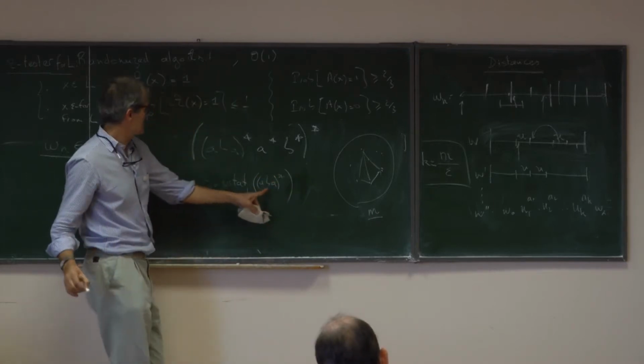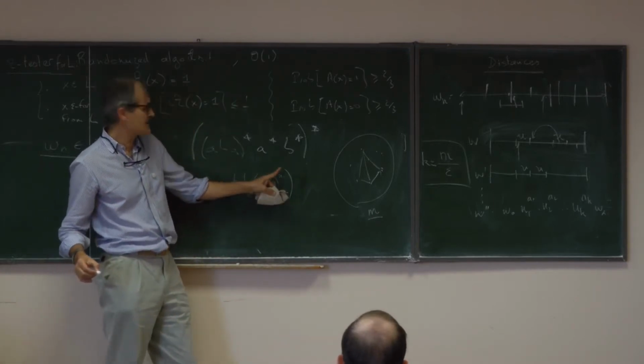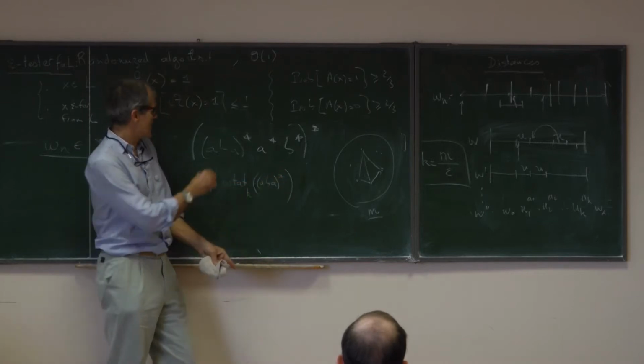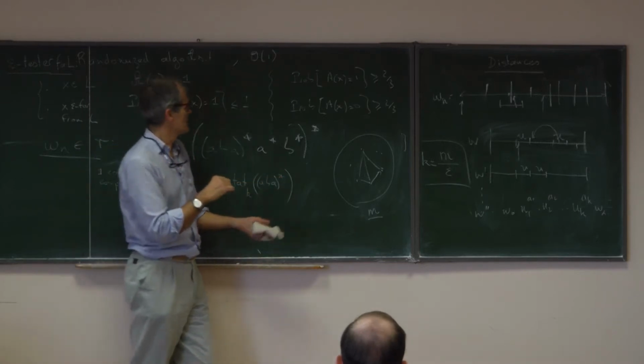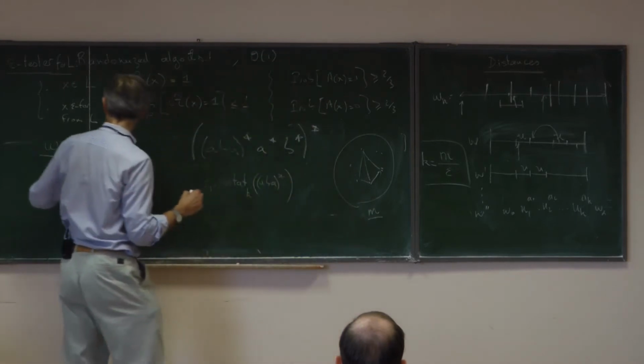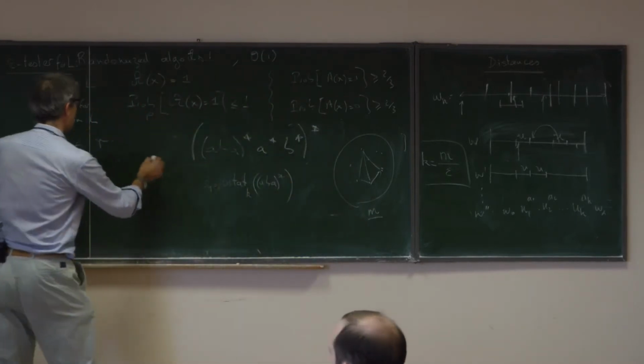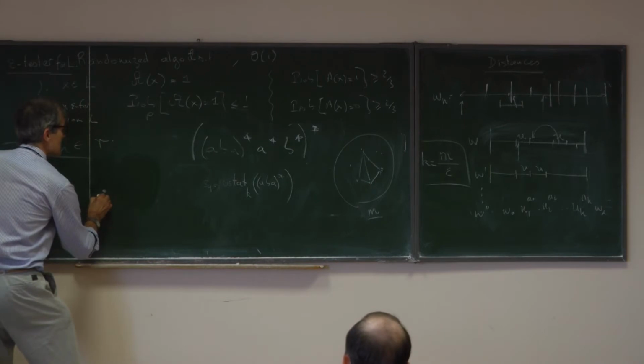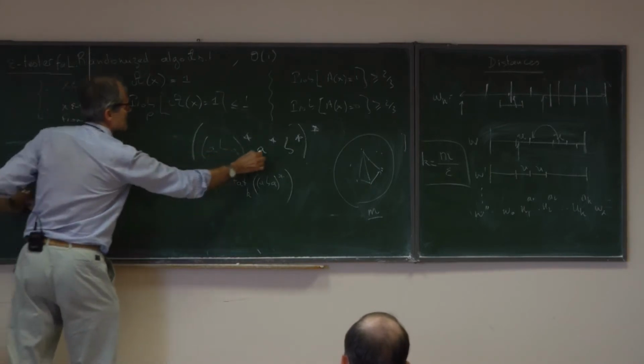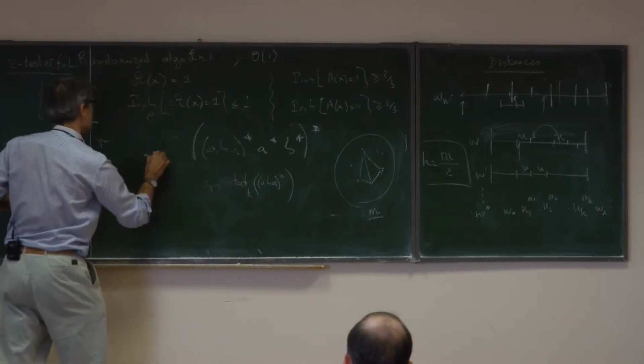And this, by definition, is the limit of ABA to the n, and that's one of the points of my convex hull. So remember here was S1, and I would do the same thing for S2 and S3.